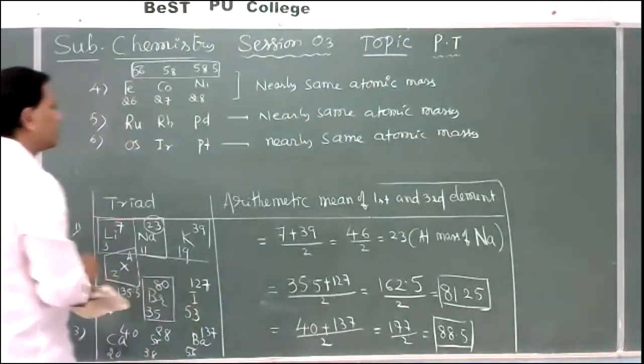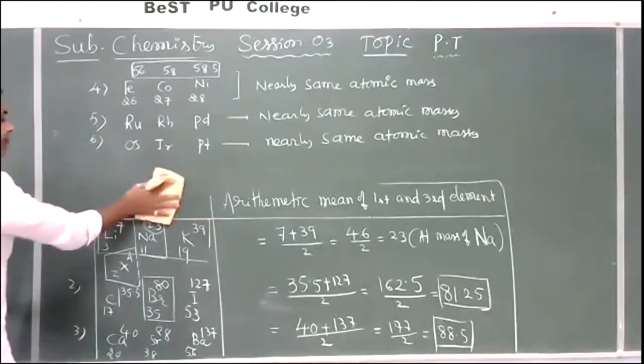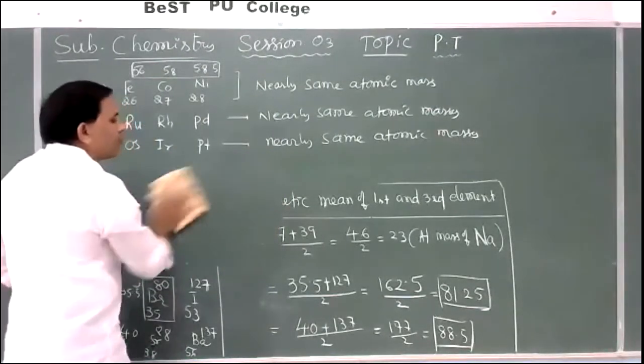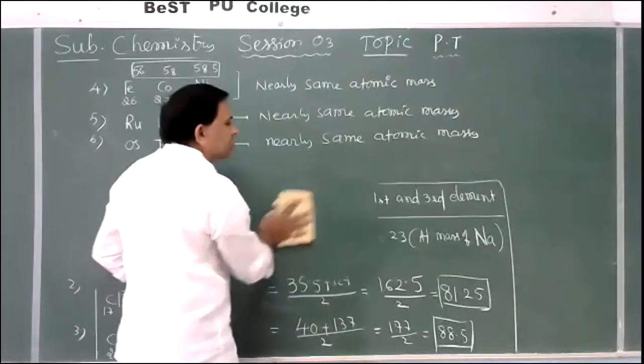That's why one of the most important drawbacks is the same atomic masses in a triad. This law was rejected.